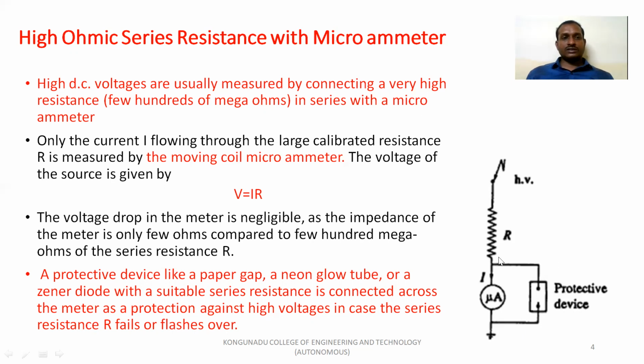This high resistance connected in series with the micrometer is used to measure current in the resistor, and with the help of the current value we are calculating the voltage value of the high voltage terminal. V is equal to IR. The protecting devices protect the ammeter from failure of the resistor or flashover.